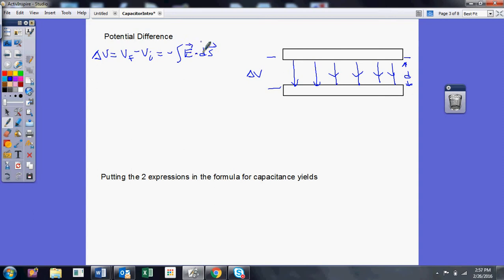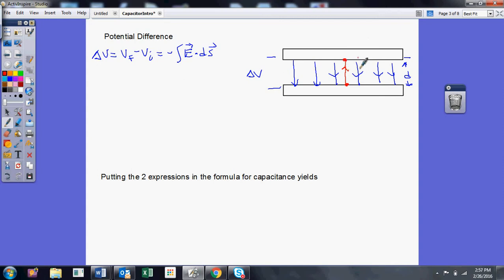Okay, so we have to pick a pathway. So this is a path integral, so S is a distance, and we have to pick a path. So what we're going to do is pick a path that goes from there to there. So that's a distance D, so that's the path that we're going to imagine.